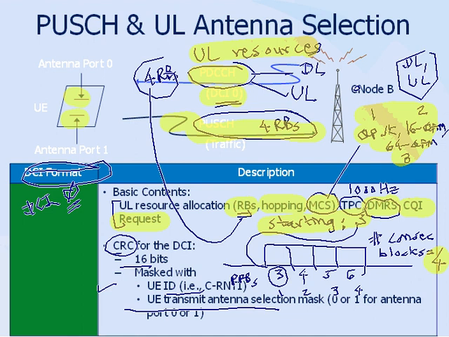So if E Node B wants the user to use antenna 0, it will mask it with 0. If E Node B wants UE to use antenna number 1 for transmission, then it will mask it with 1. So here E Node B can control whether our UE is sending the channel on antenna 0 or antenna 1.